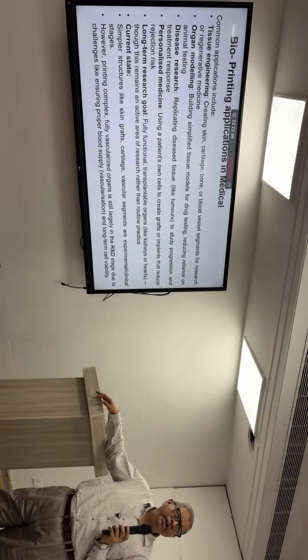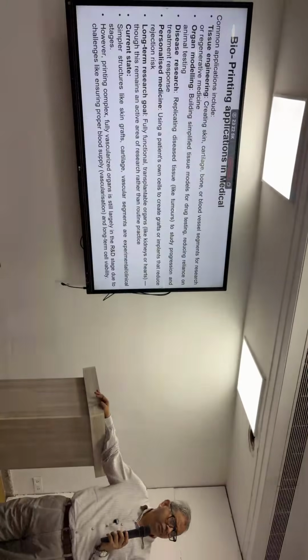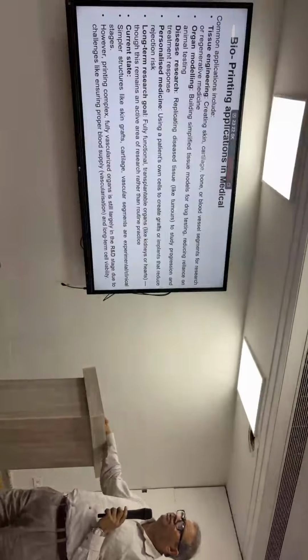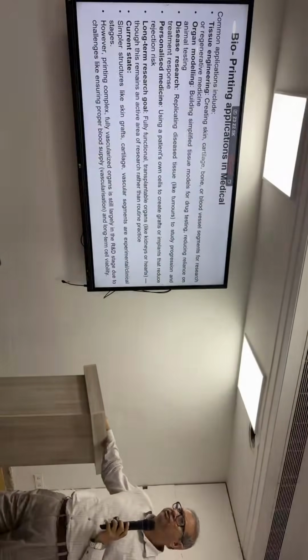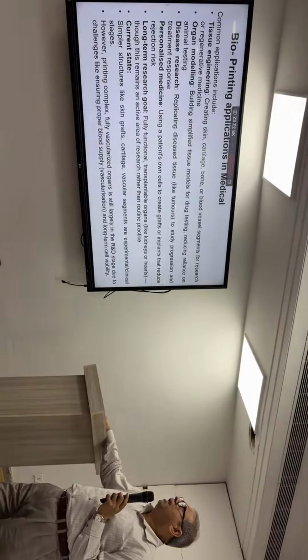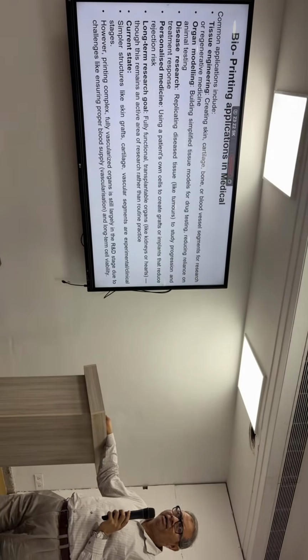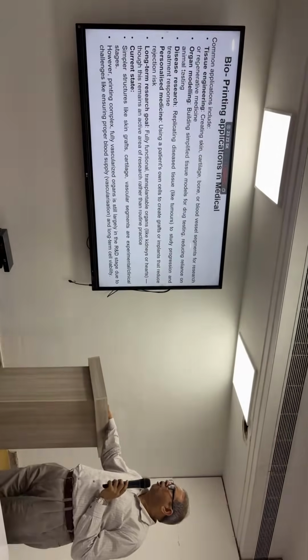So this is the broad area where bioprinting applications are being made, and the very basic one is the tissue engineering. We are creating the upper part of the skin, not the complete skin. Then some type of cartilages, bones, and blood vessels. Then we are doing the organ modeling.